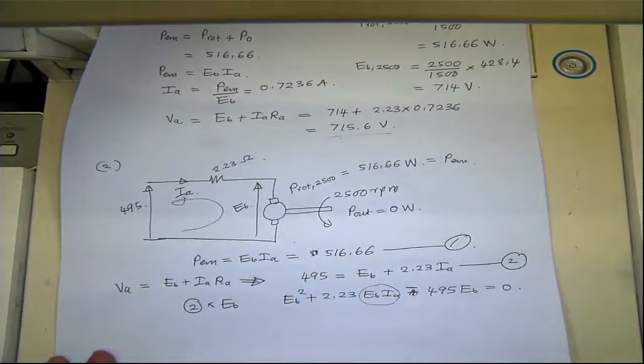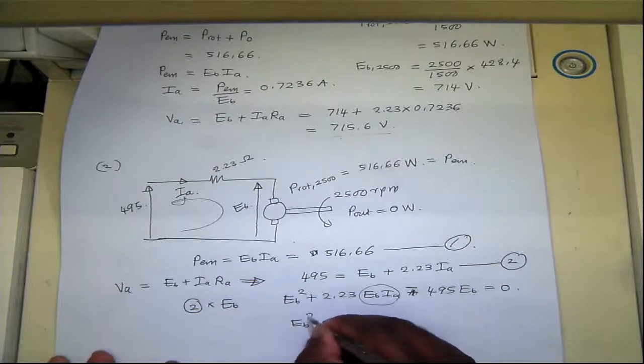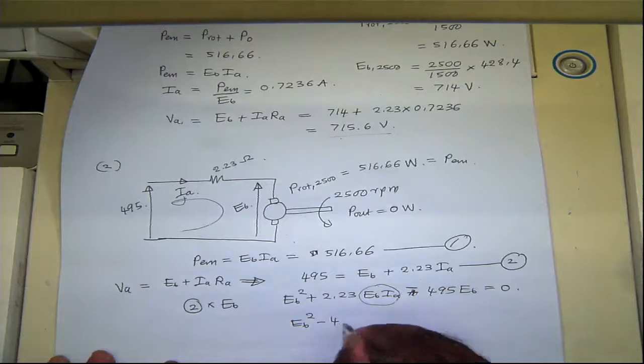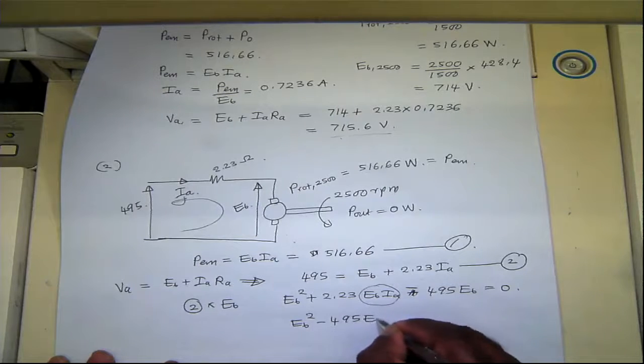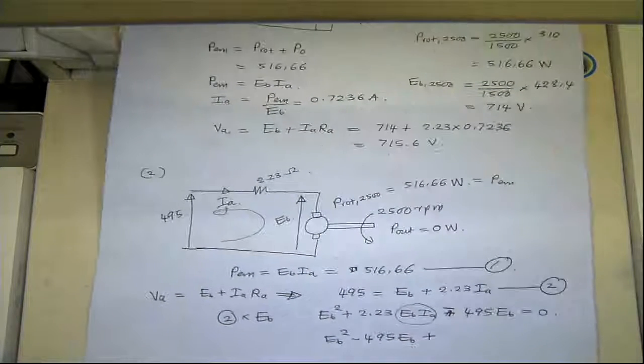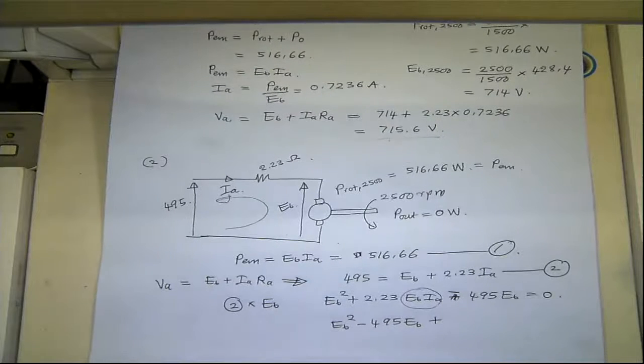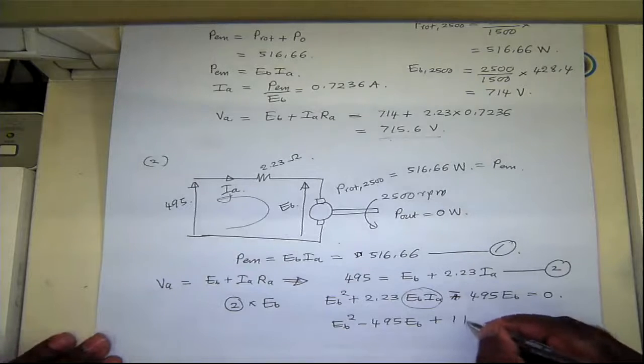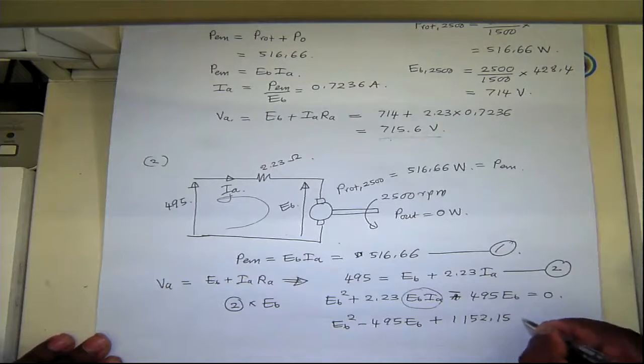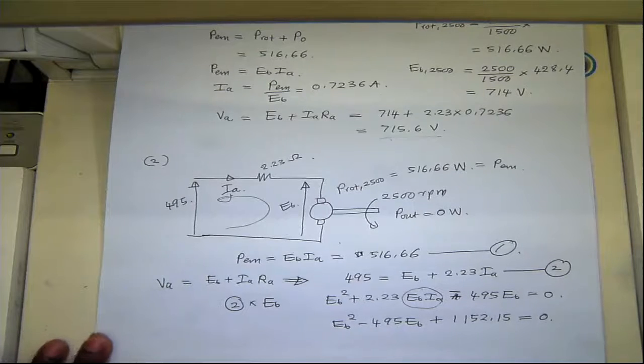So this term here is 516.6. So we can write this as EB squared minus 495 EB plus 2.23 times 516.66, which is 1152.15, equals 0.